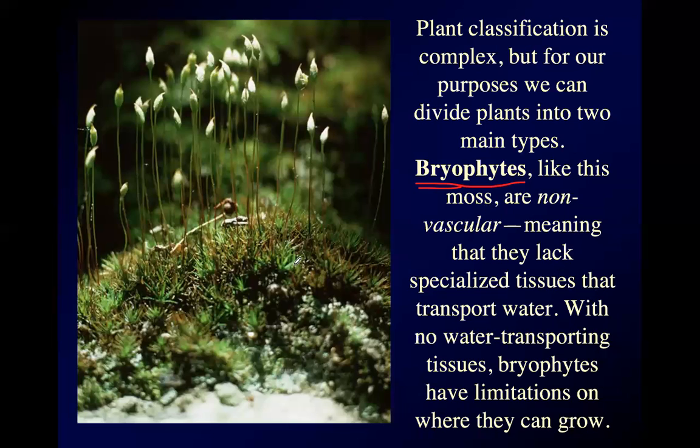And the reason for this is that they're not able to transport water from the ground to other parts of the plant. Every one of those plant cells needs water. It can't dry out completely.